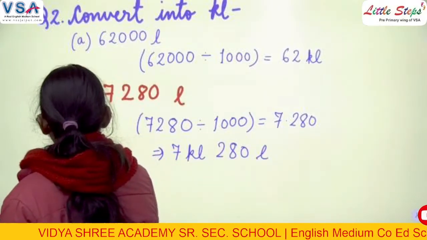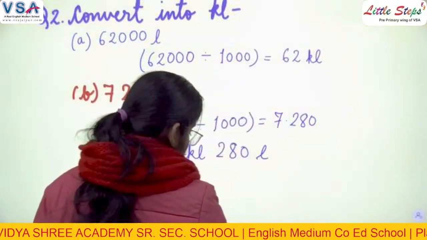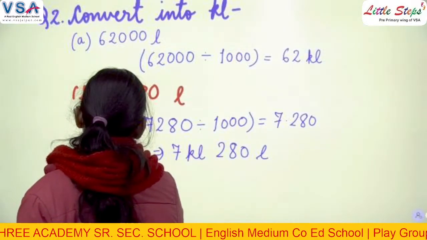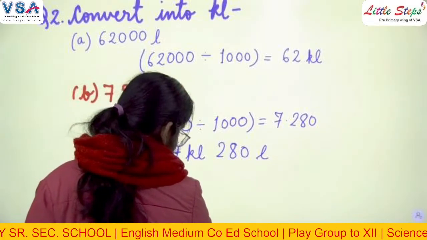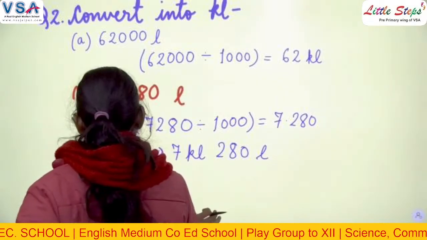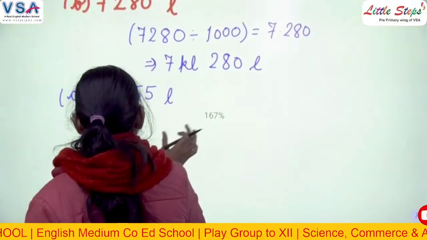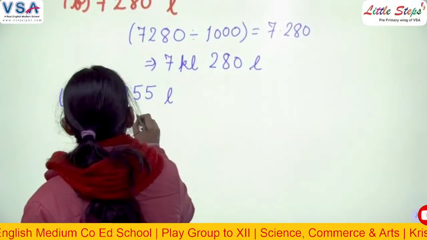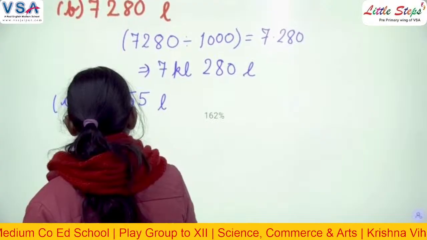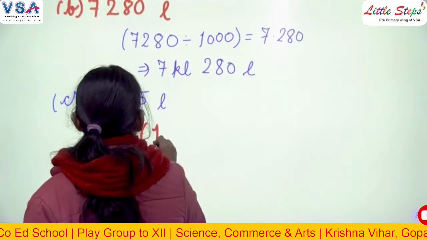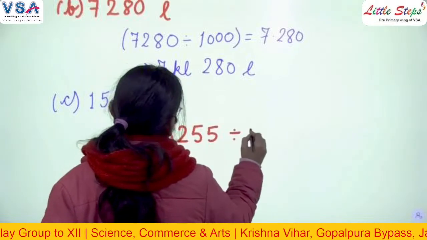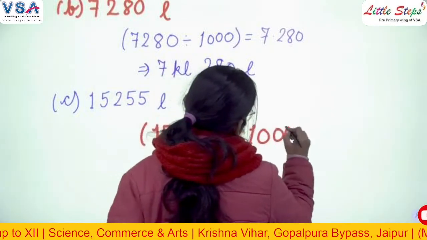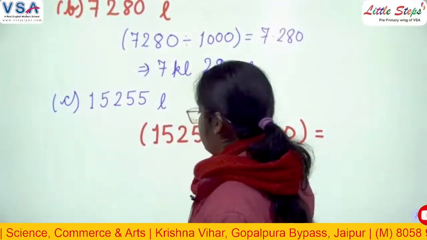And the last option is, so again what will we do? We will divide by 1000. Three digits are here.